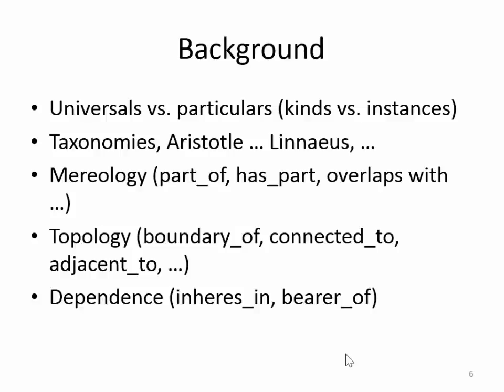BFO is about universals, but it applies to all the instances of those universals because they are instances of those universals. My view is that all ontologies should be about universals. That's the point of ontologies. Ontologies are designed to capture what is general across a given domain, where databases primarily capture what is particular.